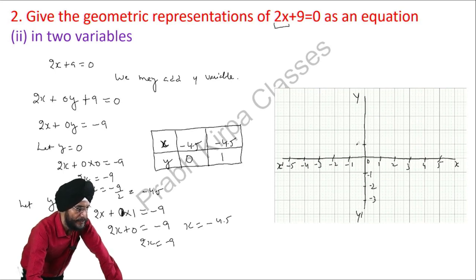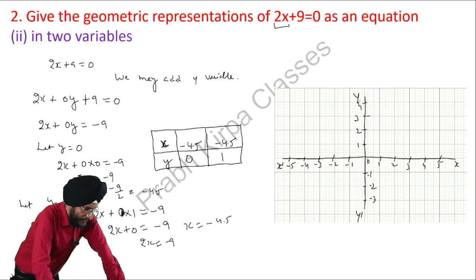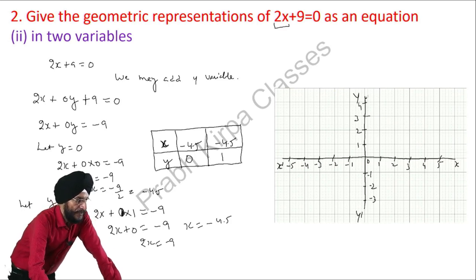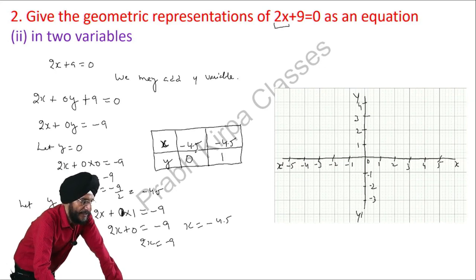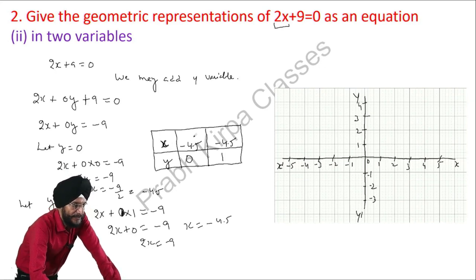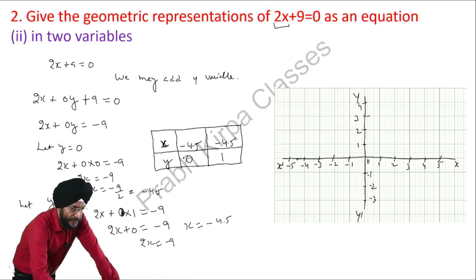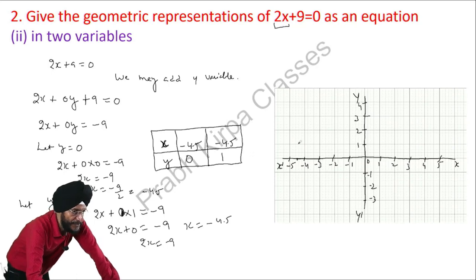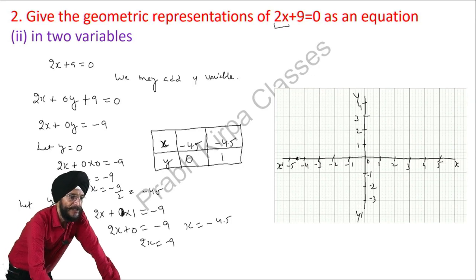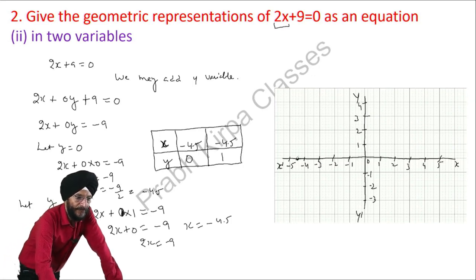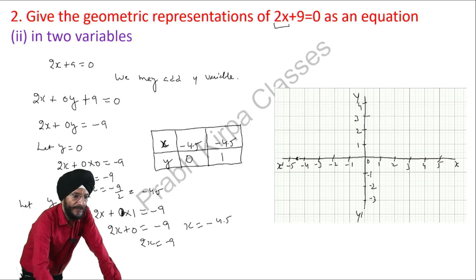Here it is 1, 2, 3, 4. Now what is given? Here it is given that the value of x is minus 4.5. Here it is minus 4.5 somewhere here. And y is 0. That is the first point is this, where the value of x is minus 4.5 and the value of y is 0.